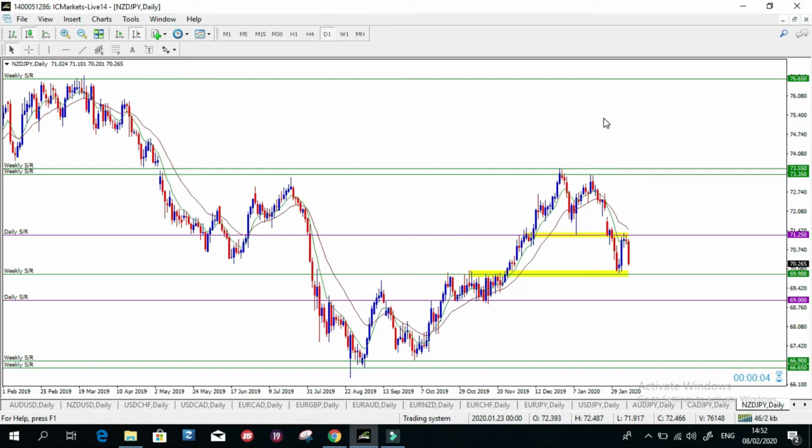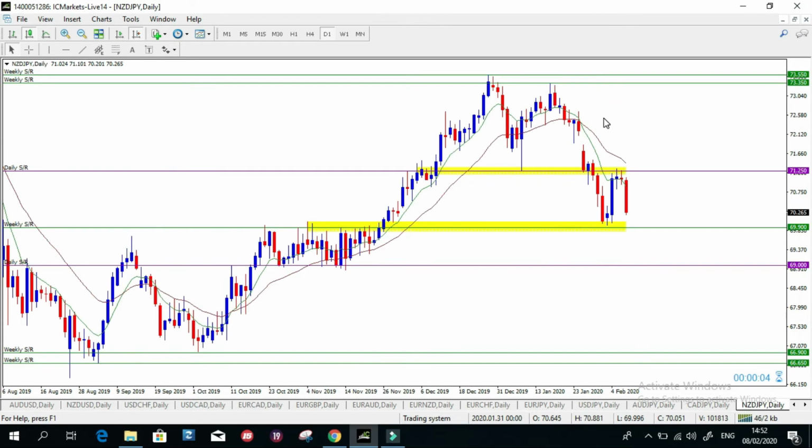During the last week, price made a sharp drop from this inside bar signal under daily resistance 71.25. I personally took this trade last week, and price is now approaching weekly support level 69.90 area.